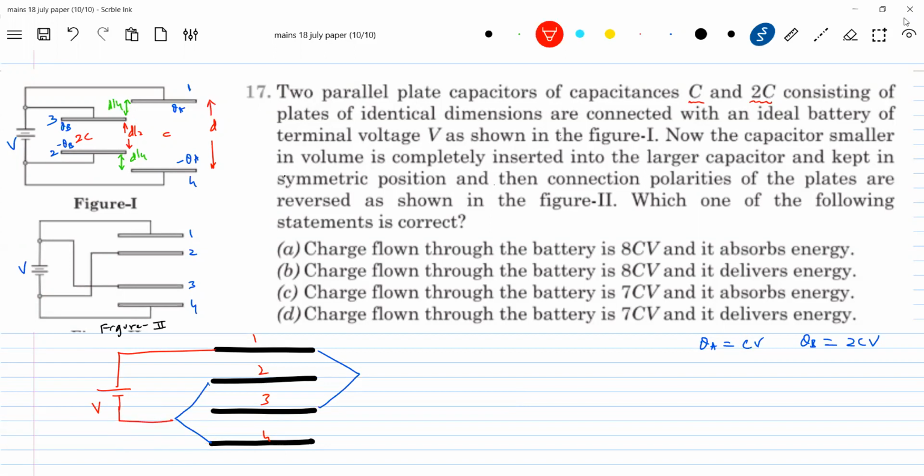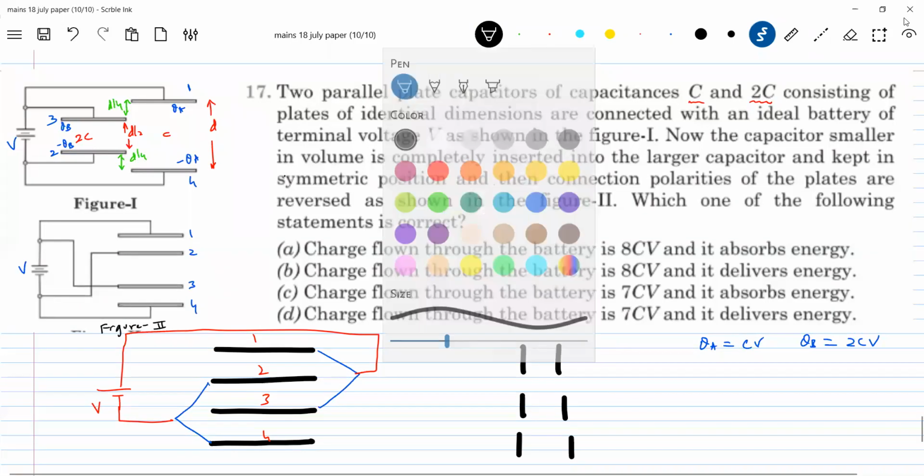So if you want, you can bring this connection here, this wire. Okay, fine. Look at it now. This is still difficult, so go for a still more simplified diagram, like this, and give the numbering for the plates.